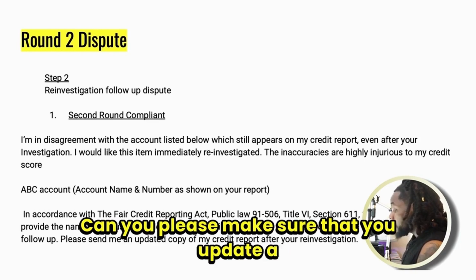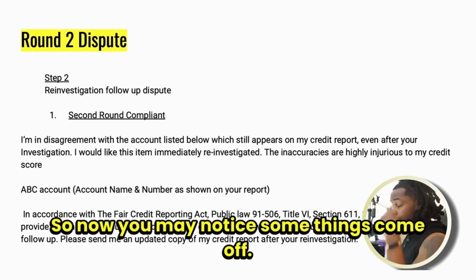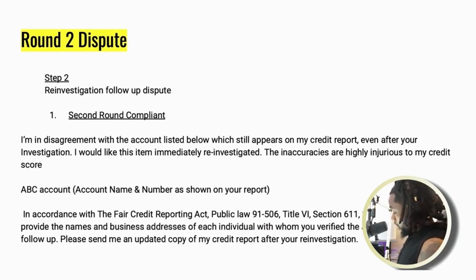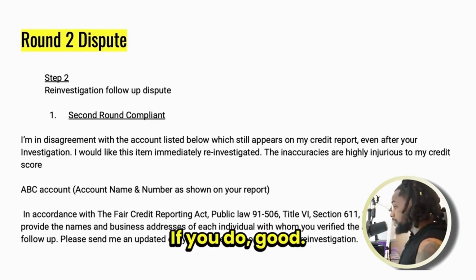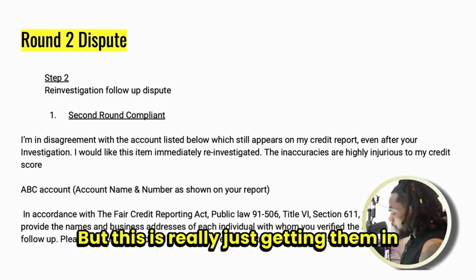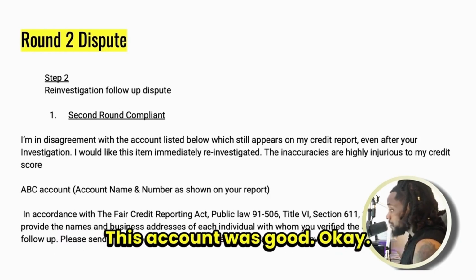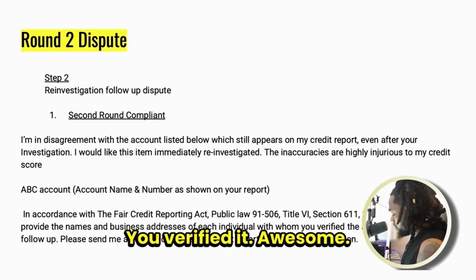Can you please make sure that you update a copy of my credit report after your reinvestigation? So now you may notice some things come off. You may not. If you do, good. If you don't, then we proceed to the next step. But this is really just getting them in position to basically say, oh, we verified it. This account was good. Okay, you verified it. Awesome.